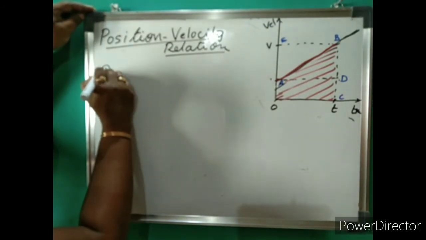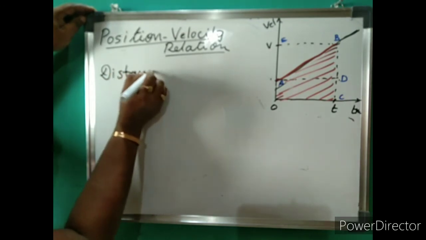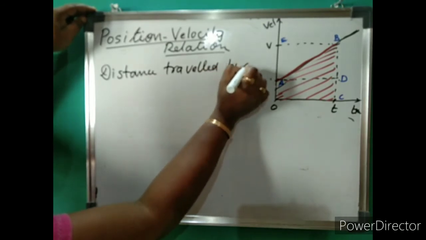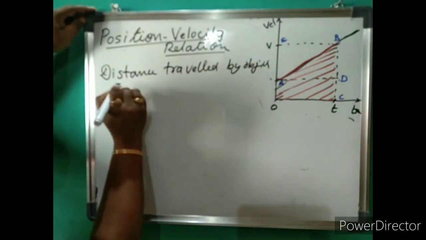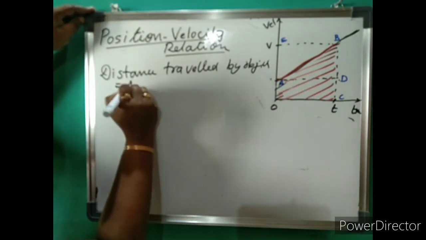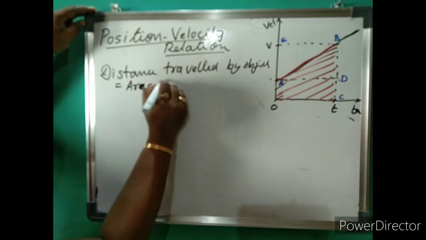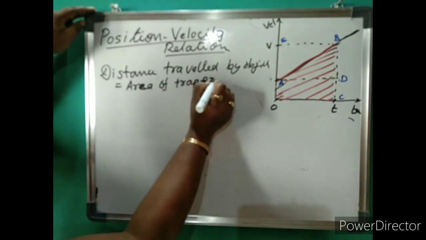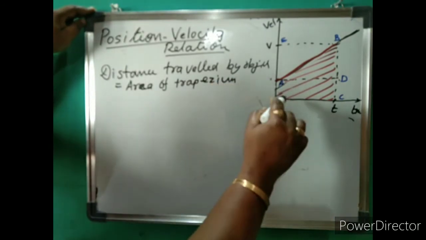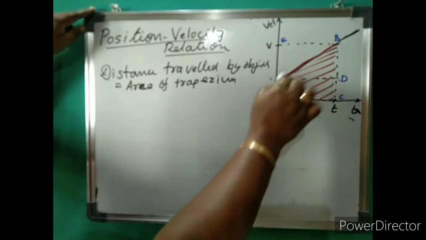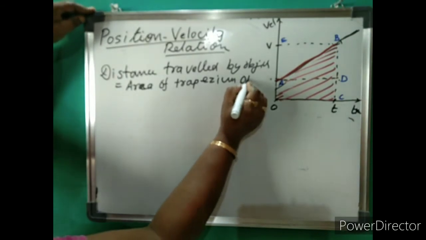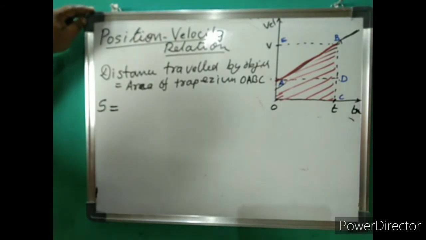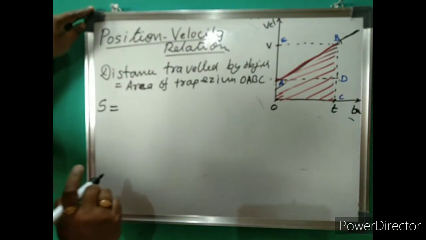So the distance traveled by the object is equal to the area of trapezium OABC.